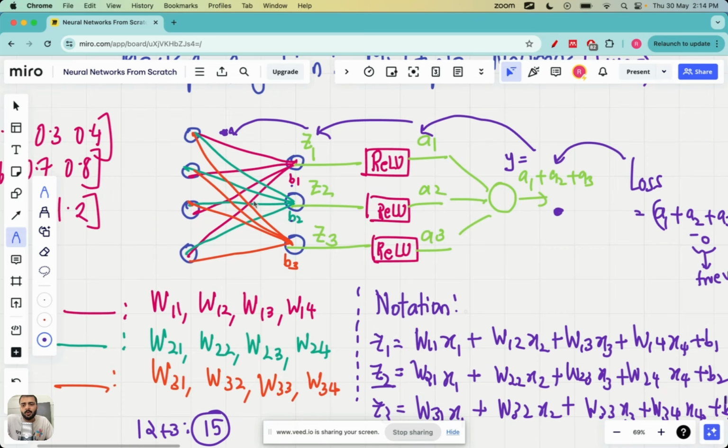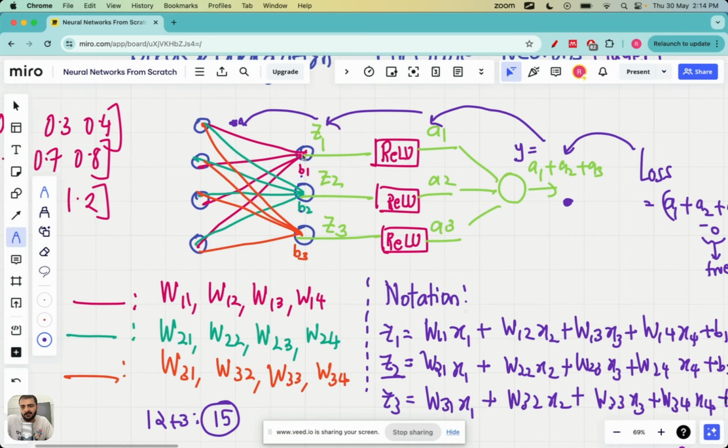Okay, now I want to focus on the first neuron. The first neuron has four weights: W11, W12, W13, and W14. First, I am going to find the gradient of loss with respect to W11, and I'm going to show you how to find this. So let's say this is W11.